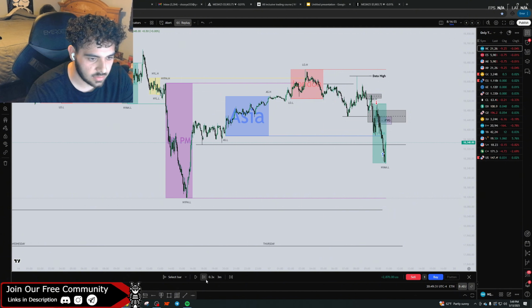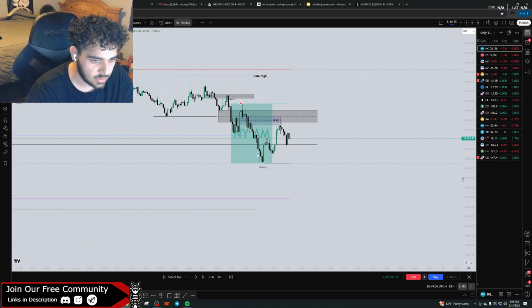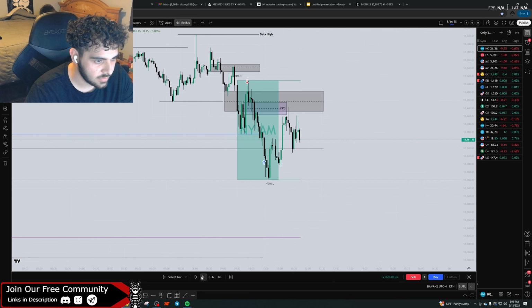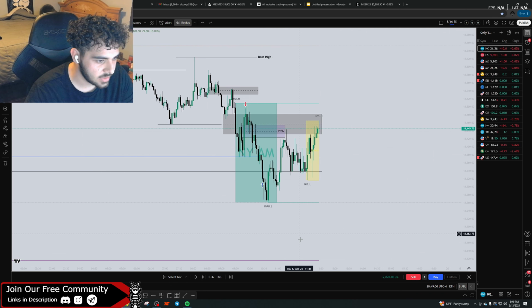Let's see what else happens, if there are any other entries. It gets pretty choppy right here overall. There's nothing of crazy substance. That initial push lower though, with this market structure shift, was relatively clean. That's what you want to see in price.